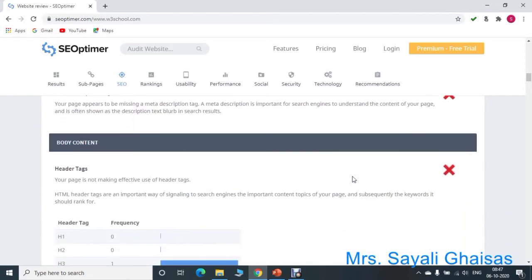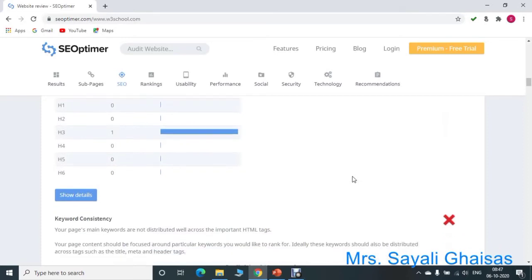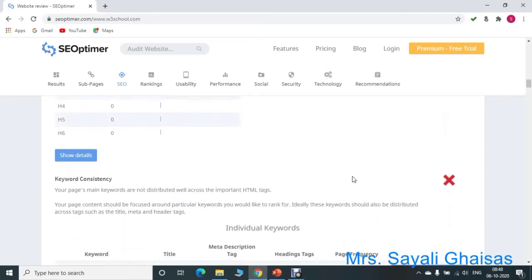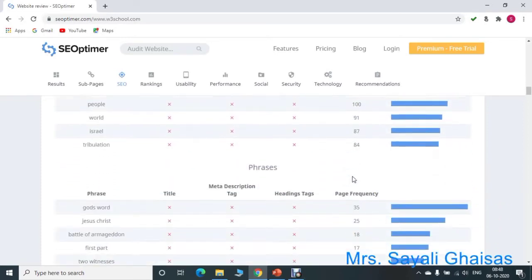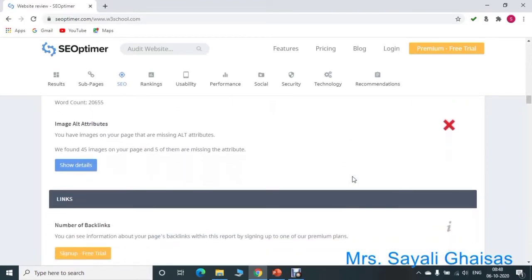Then body content which again contains headings, that is heading level tags H1 to H6, keyword consistency, amount of content, and images with alt attribute or not. See here, you have images on your page that are missing the alt attribute, that is, the alt attribute has not been used in an image tag, img tag.